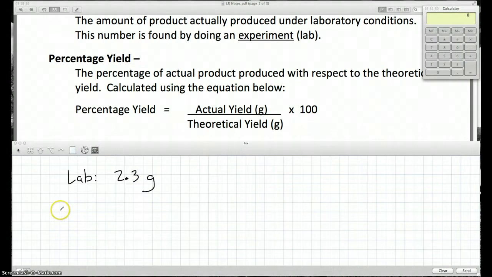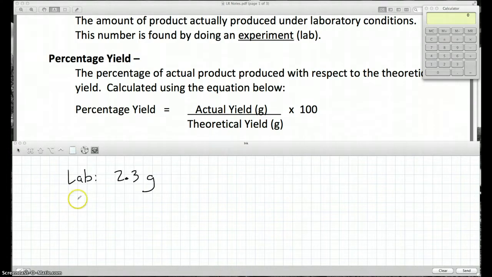Now, using stoichiometry, we do the calculations, we figure out the limiting reagent, and figure out how much theoretical yield we can make from that, so how much product we can make.